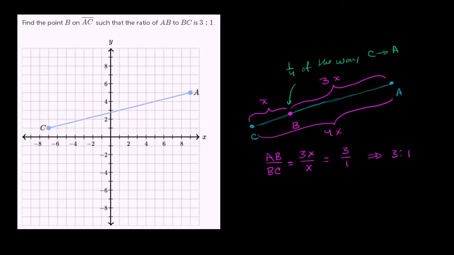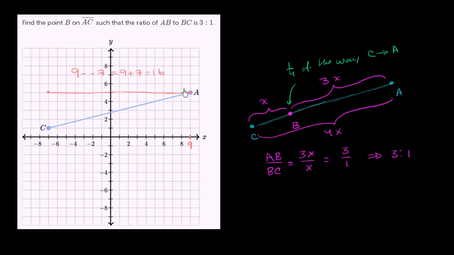So, for example, the horizontal change between A and C: A is at 9 right over here, and C is at -7. So this distance right over here is 9 minus -7, which is equal to 9 plus 7, which is equal to 16.